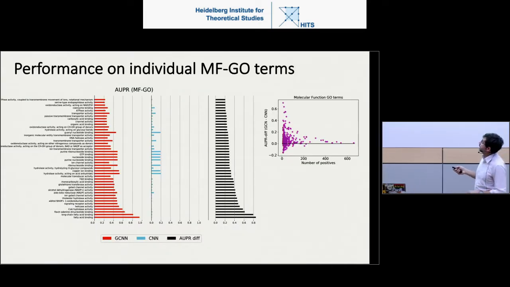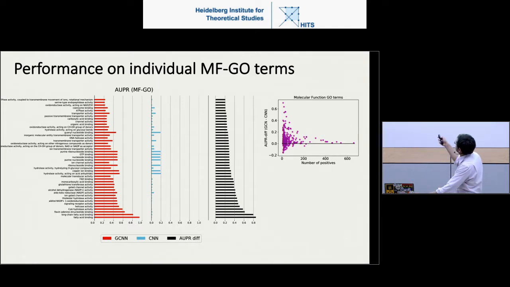All right, this plot is a little bit complicated, but essentially these are all different functions, and for these functions there are many examples across many organisms. This bar plot is the AUPR, the area under the precision-recall curve, for each one. 1 is perfect, somewhere around 0.05 is random, and these are all functions where the GCN does well and the CNN fails.